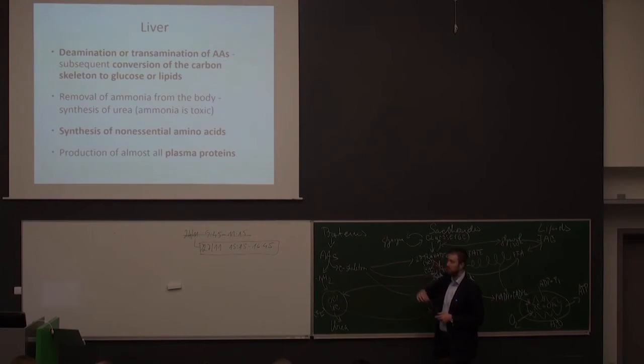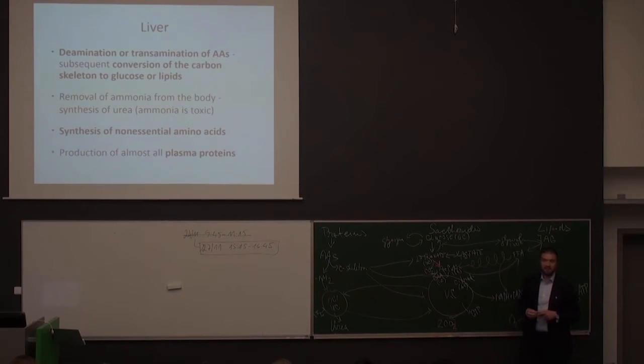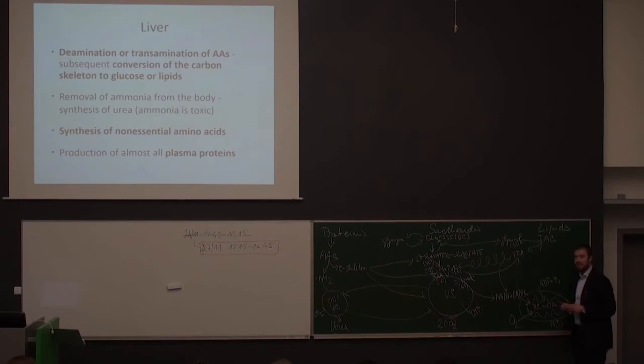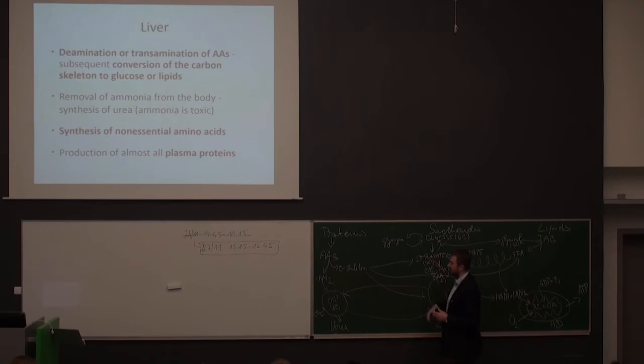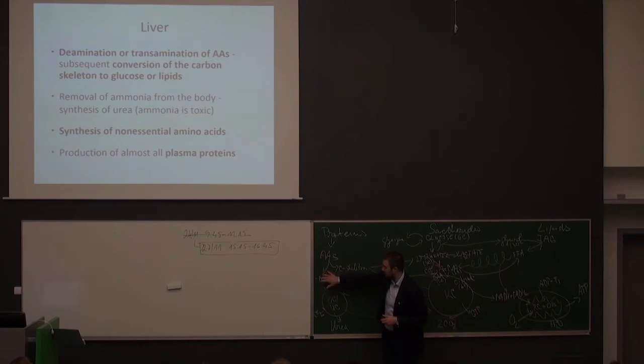And maybe some of you know the term liver encephalopathy. That's the state if you have liver cirrhosis, for example due to hepatitis or alcoholism. The result is the accumulation of these amino groups, in the form of ammonia or ammonium, that means NH3 or NH4 plus.